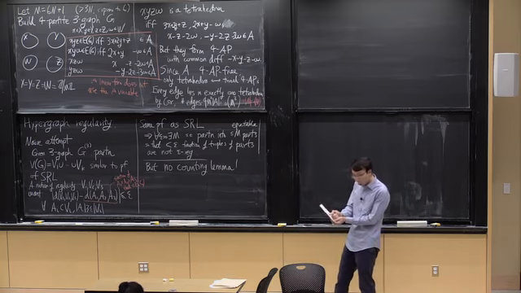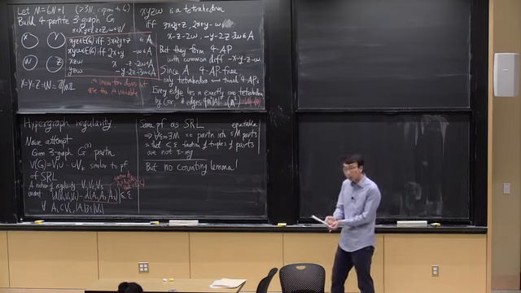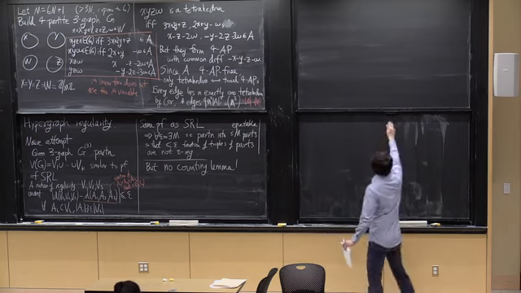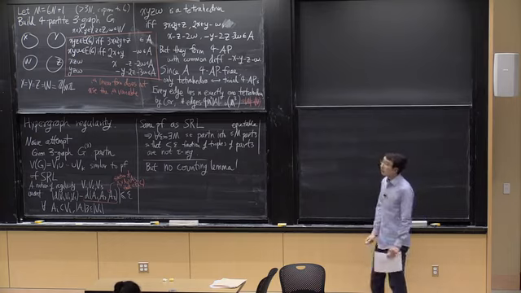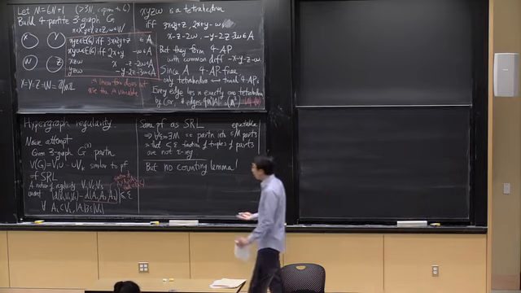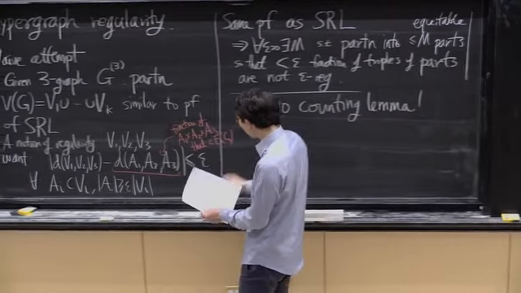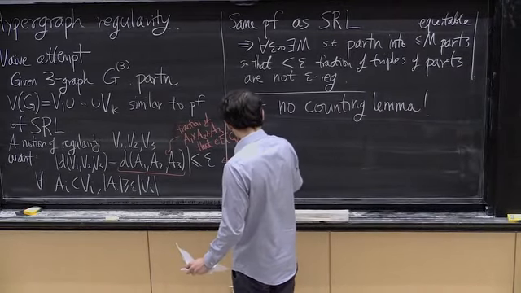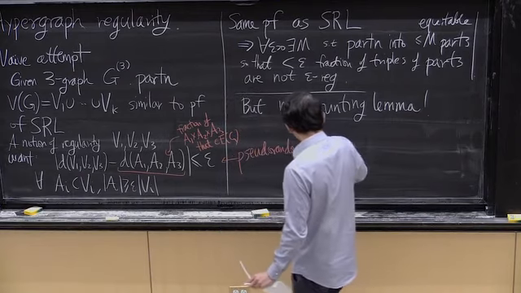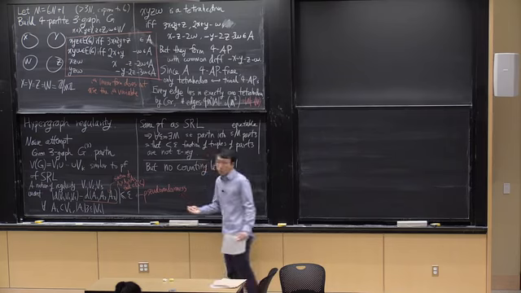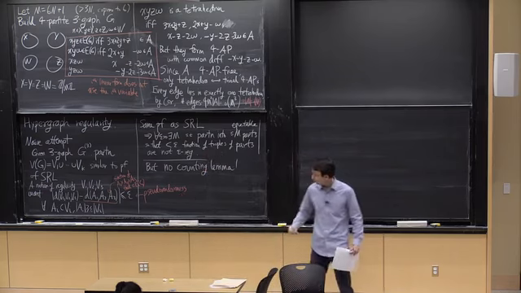Okay, so why is it that you do not have a counting lemma? So let me show you an example. And keep in mind that the notions of regularity are supposed to model the idea of pseudo-randomness, which is the topic we'll explore at further length in the next chapter.